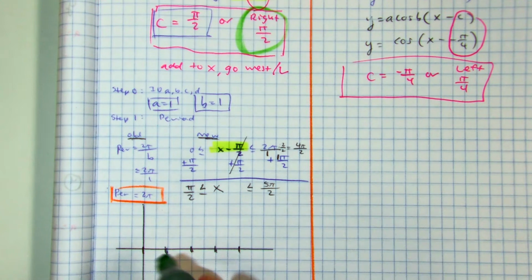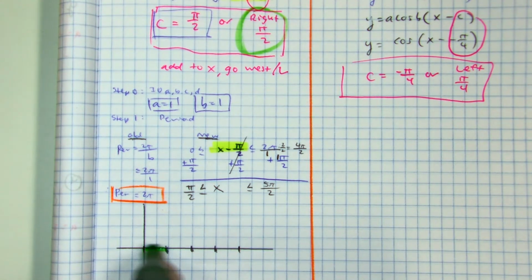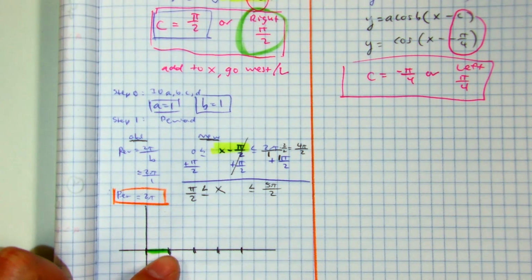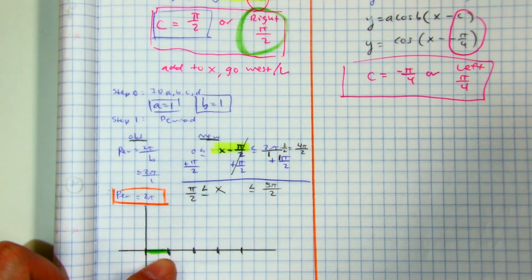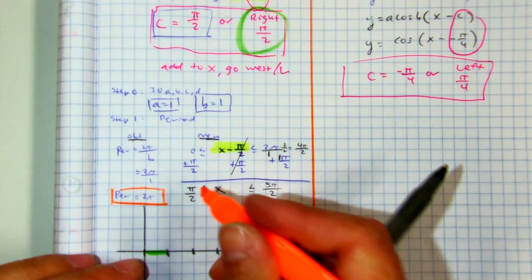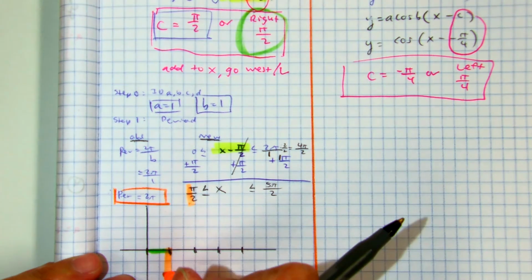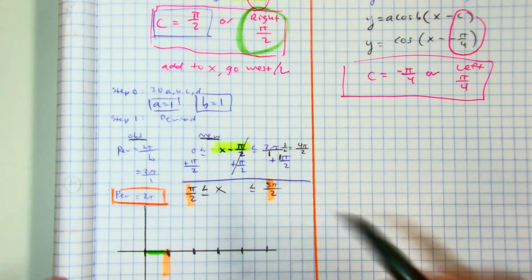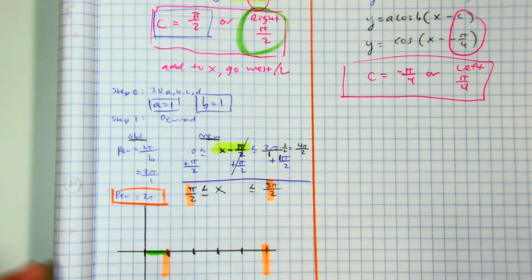Pi over 2 to the right. So no longer is the graph starting at the origin, it's now starting here. You might be asking yourself, what is this value? This value is now pi over 2, and I have to make one more 5th point. That will be 5 pi over 2.